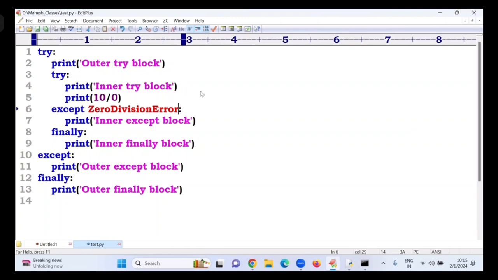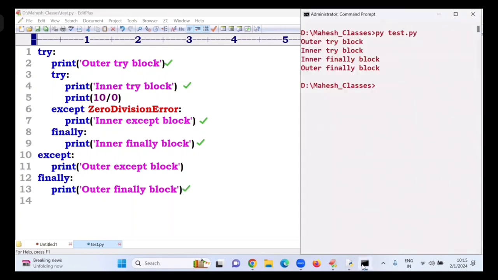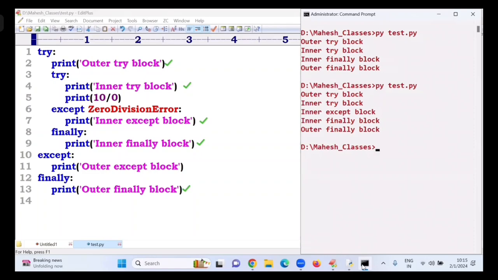First the outer try will be executed. Inner try, inner except, inner finally, outer finally. That is the output: outer try, inner except, inner finally, outer finally blocks.